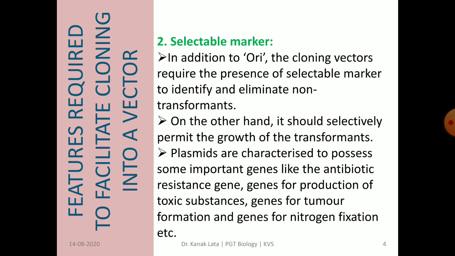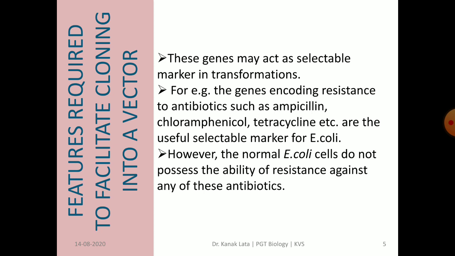Plasmids have some important genes like antibiotic resistance genes, genes for production of toxic substances, genes for tumor formation, and genes for nitrogen fixation, etc. These genes act as selectable markers in forming recombinant DNA.